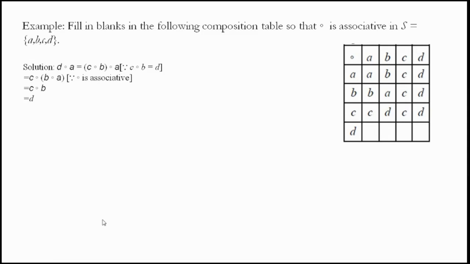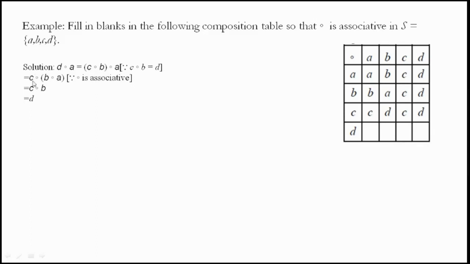Hence we have taken C binary operator B as D. Since C binary operator B is equal to D, as you observed in the previous row, you are going to replace D with that particular expression.